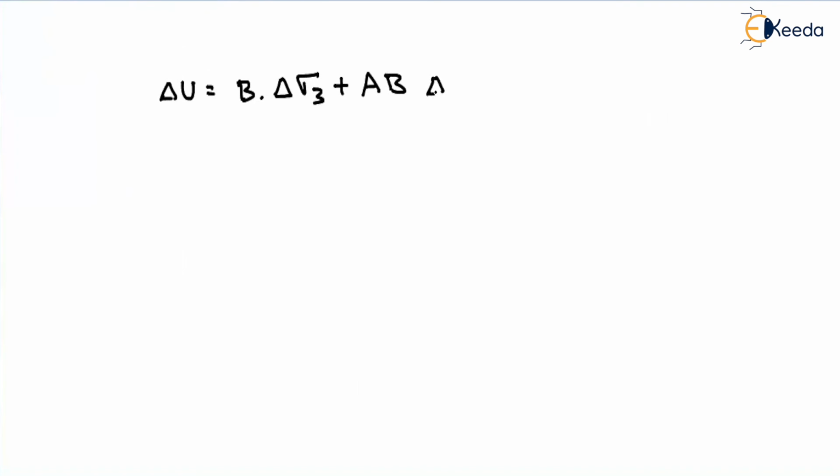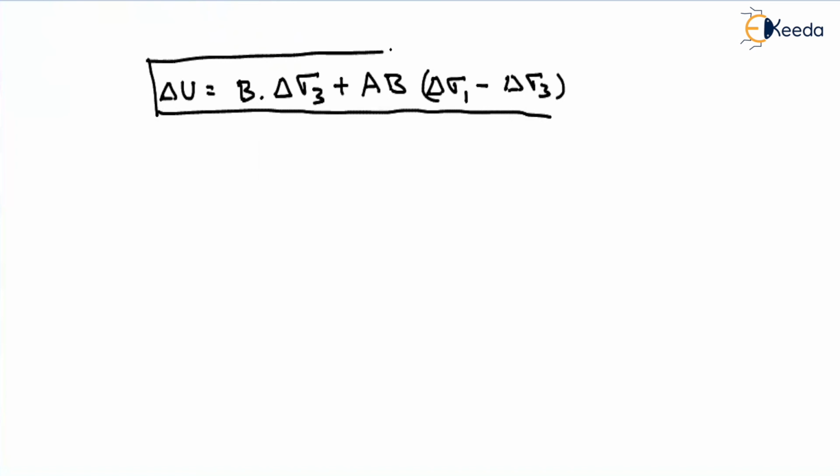As we already saw, we can express it as the change in major principal stress minus the change in minor principal stress. That means if you know the A and B relations, then depending upon the requirement, we have to choose the corresponding relation. This is about Skempton's pore water pressure parameters.